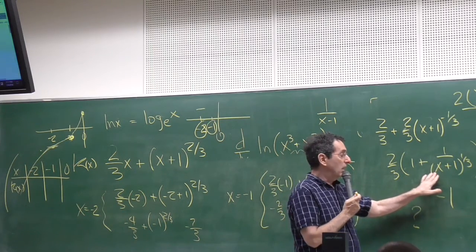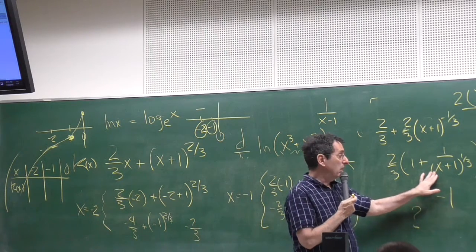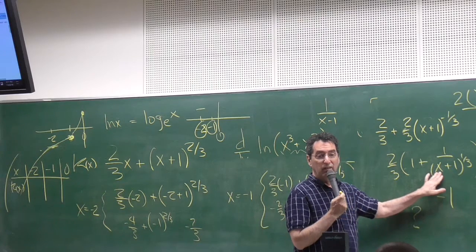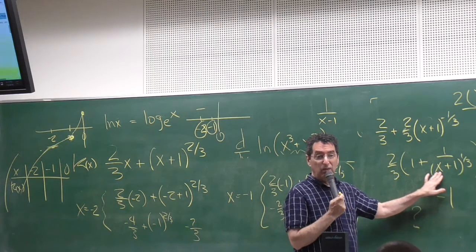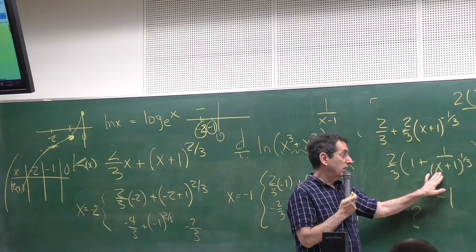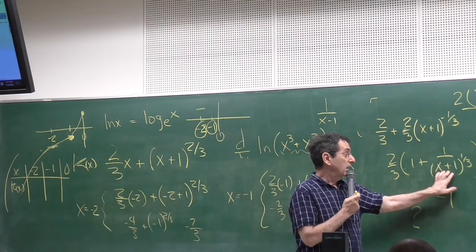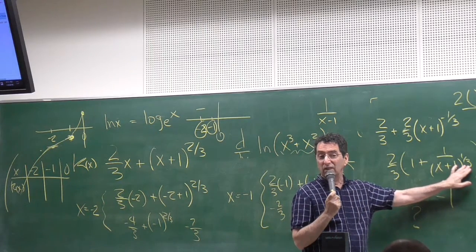What happens when we put in something a little less than -1 here? Let's say -1.1. We get a negative number inside here, and then we still get a negative number, right? So we're getting negative numbers there.